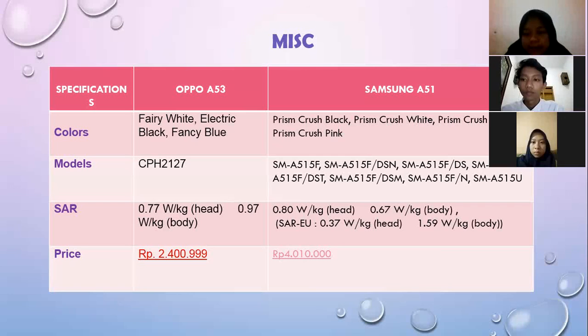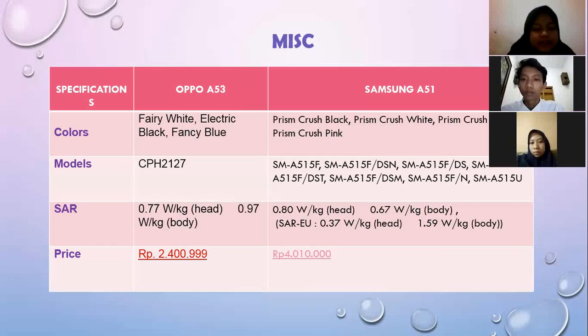Next is SM-A515S/N. The last is SM-A515U. Okay, for models, Samsung has more models than Oppo. Oppo just has one model.